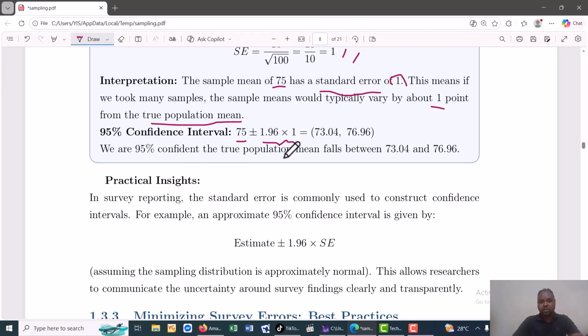Here we are assuming our sample mean follows an approximately normal distribution. If so, at 5% level of significance, the z value will be 1.96, computed from this formula. Therefore, at the end of the day, we come up with this result. We are 95% confident the true population mean falls between this value and this value.